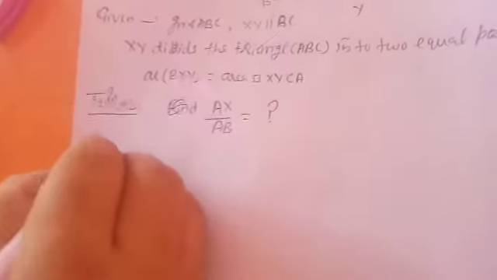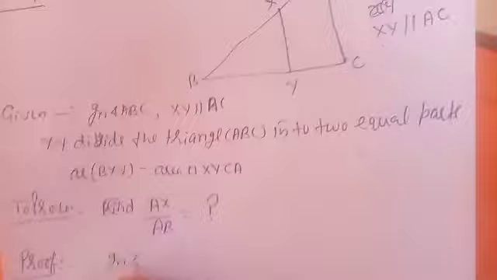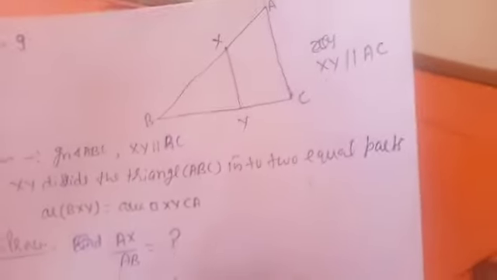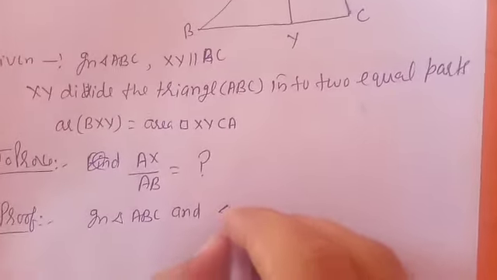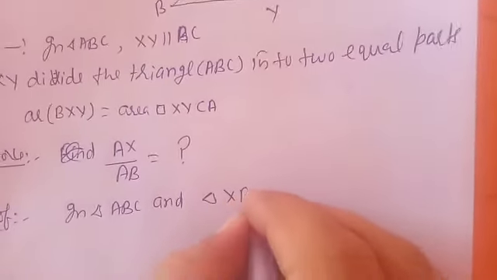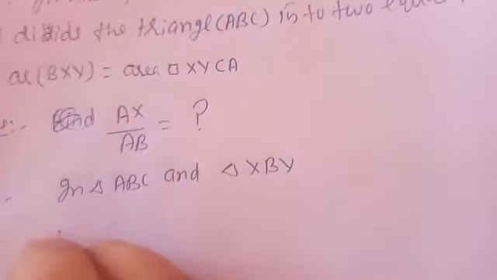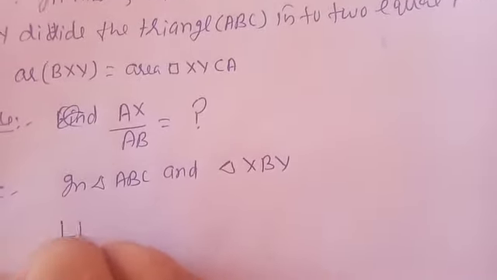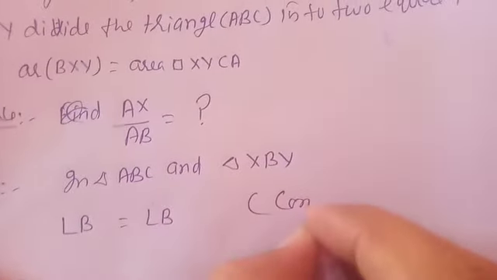Now proof. In triangle ABC and triangle XBY, what can you say? Angle B is equal to angle B, common.